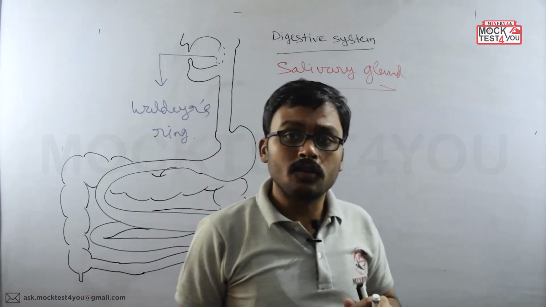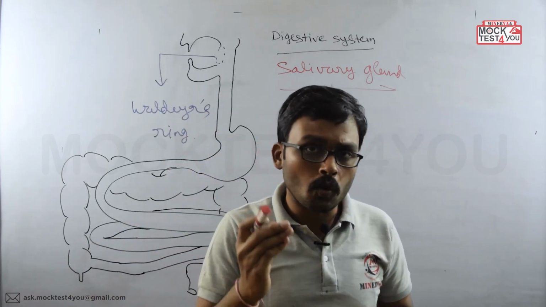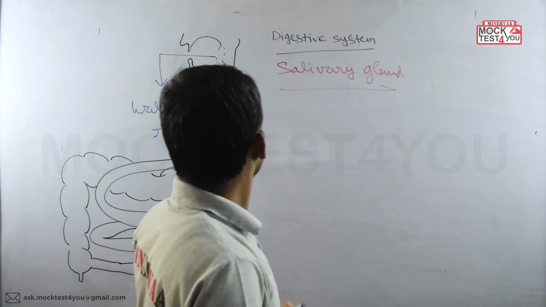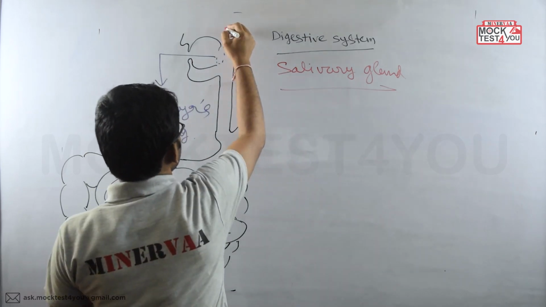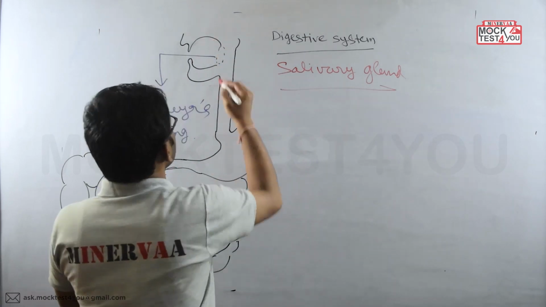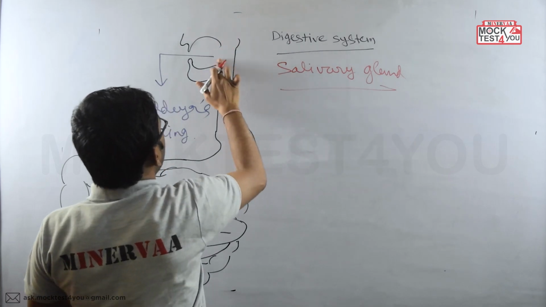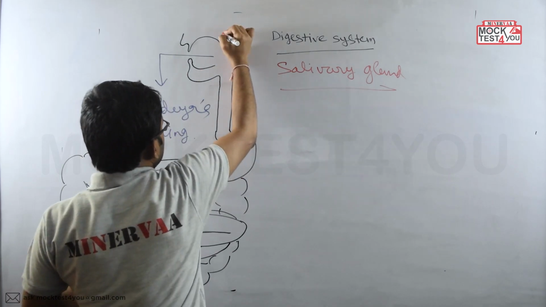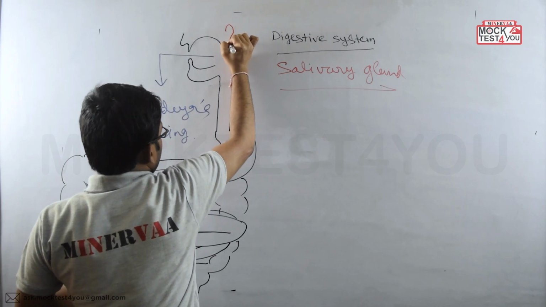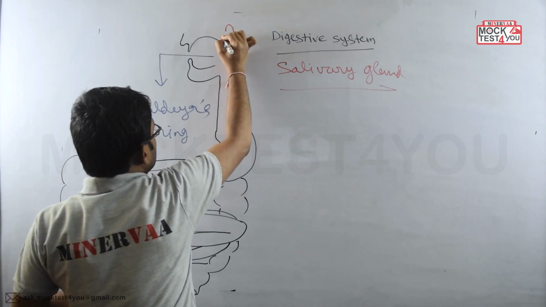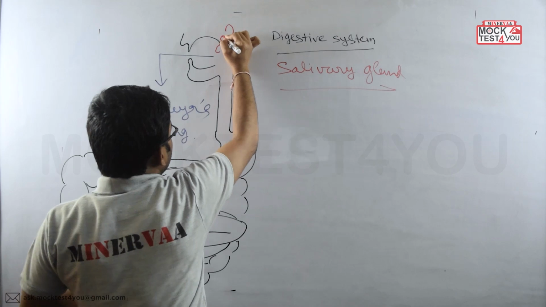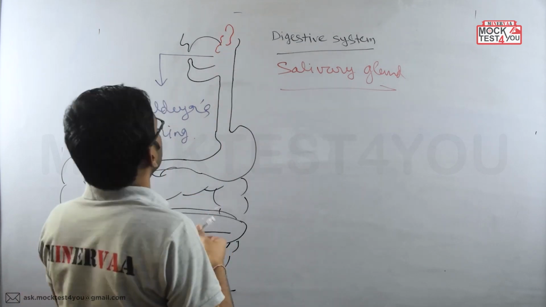The first one is known as the parotid gland. It is present near the location of the ear. So if this is the ear, from the region of the ear it is extending.